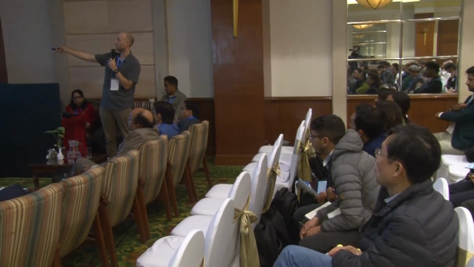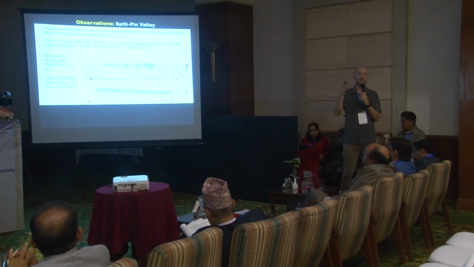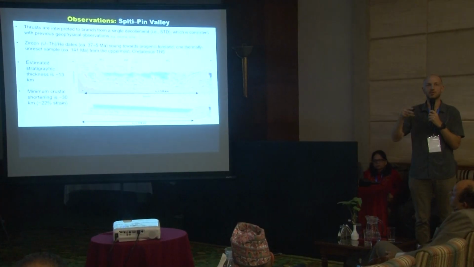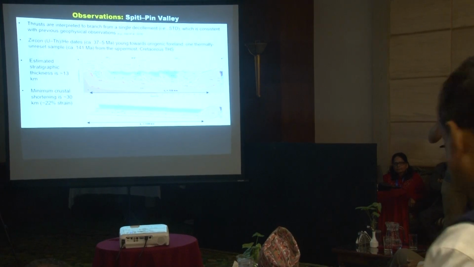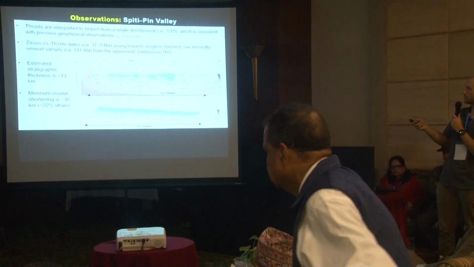Now, one sample that we had was quite old at 141 Ma. That comes from the uppermost part of the Tethyan Himalayan sequence. I'll talk about this sample later, but it's important because the uranium-thorium-helium date is actually older than the depositional age of the rock. So that suggests that the rock is thermally unreset, and it has implications for its burial.